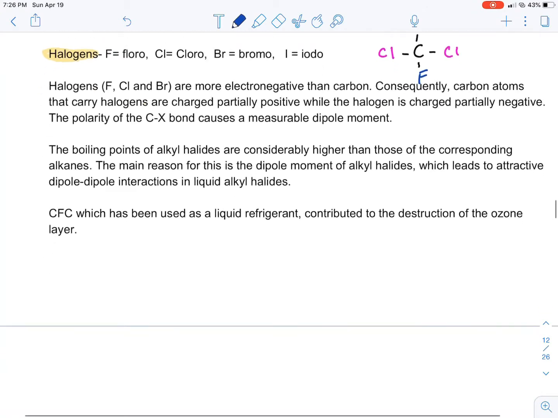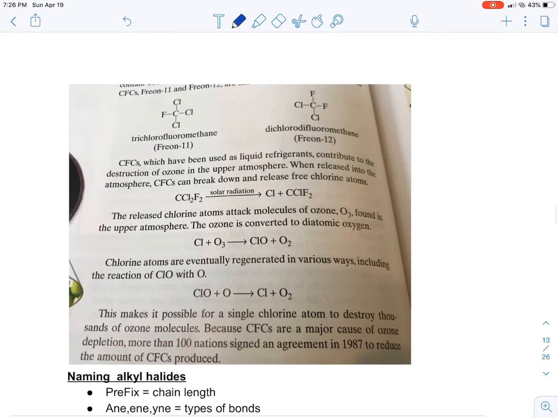If you look in your book, there was a section that I copied and put right here. It's talking about Freon, which is what they use in a refrigerator as a refrigerant. I'm going to say a liquid and a gas, because they compress it into a liquid. And when you compress something into a liquid, it gives back energy.